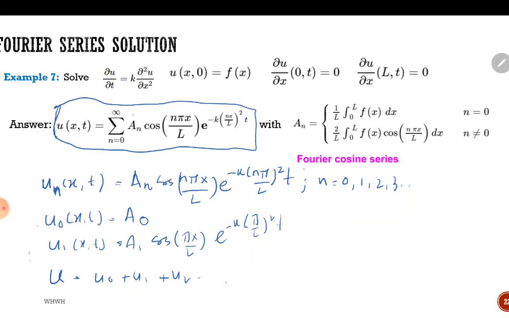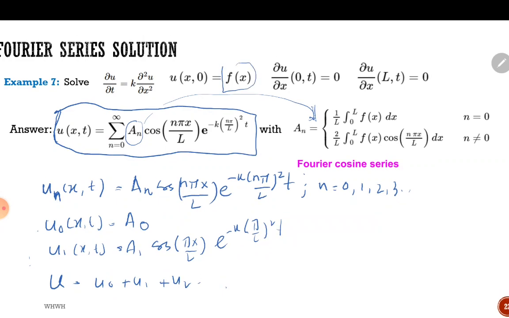Then to find a n here, as I said just now, you find it using the Fourier cosine series formula, where you have to solve the integration depending on what the function of fx is. As of now, we just leave it because we do not know what the function of fx is.